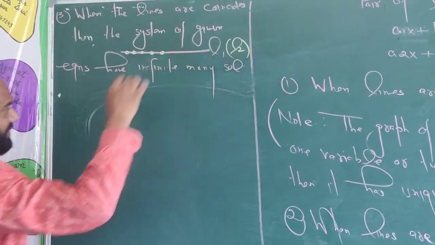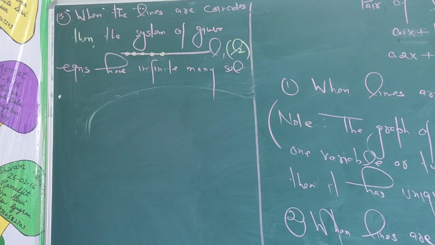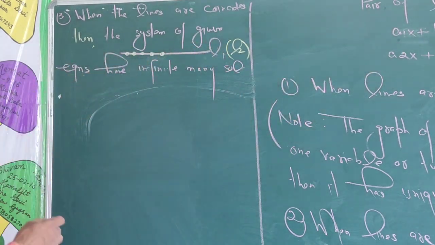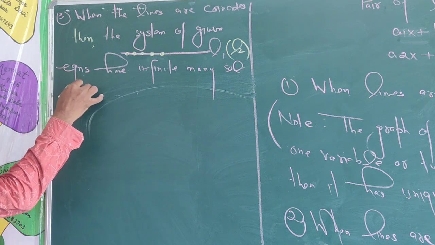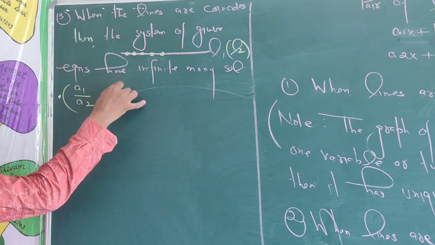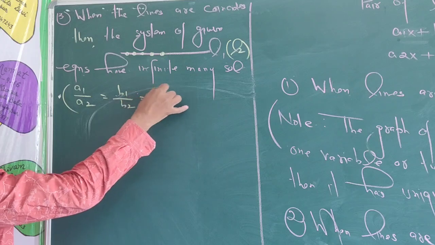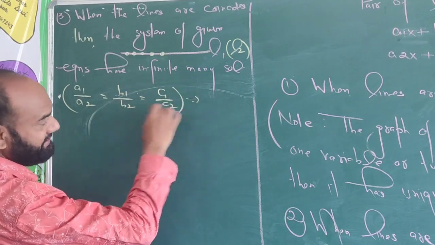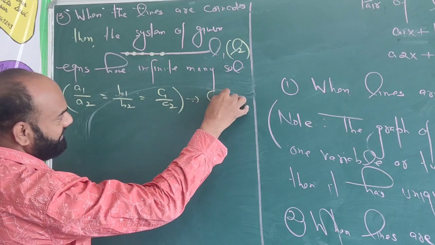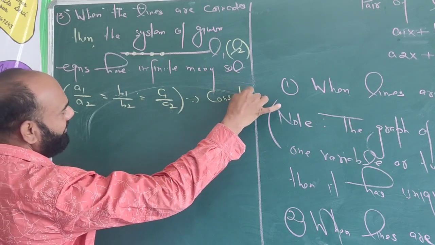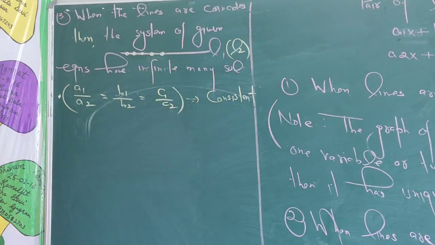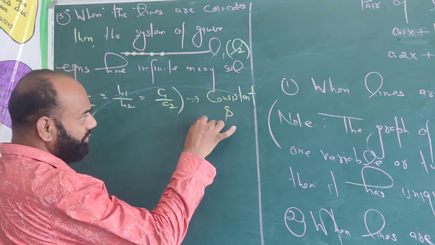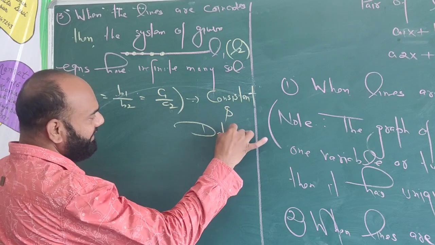And for infinitely many solutions, the ratios of the given two equations of the same variable are equal. That is a1 upon a2 equal to b1 upon b2 equal to c1 upon c2. And in this condition, it is said to be also consistent. It is also said to be consistent and dependent.